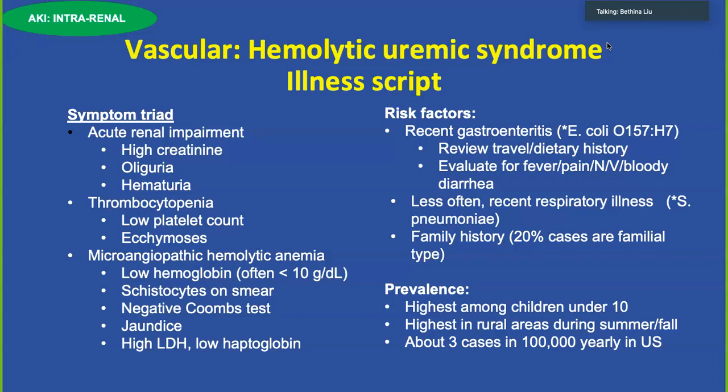And less often, this HUS can result from a respiratory illness, such as strep pneumo, and a family history is also important to keep in mind. The prevalence is highest among children under 10, and it's higher in rural areas in the summer and fall. It happens in about 3 out of 100,000 cases yearly in the U.S.